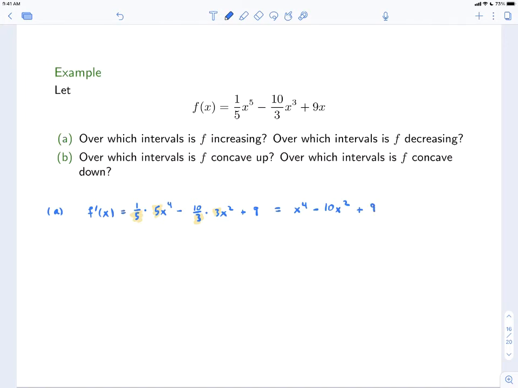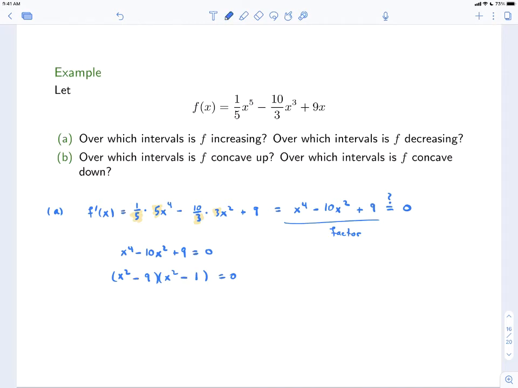And we want to determine the values where this is equal to 0. Well, we can do that because you can actually factor this. So let's start. x to the 4 minus 10x squared plus 9 equals 0. If you factor this, this is x squared minus 9 times x squared minus 1.